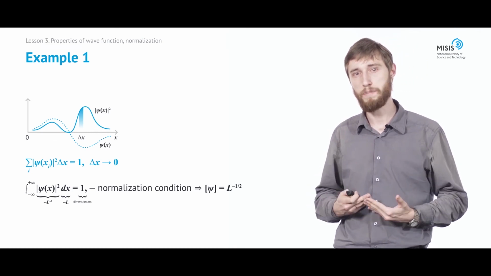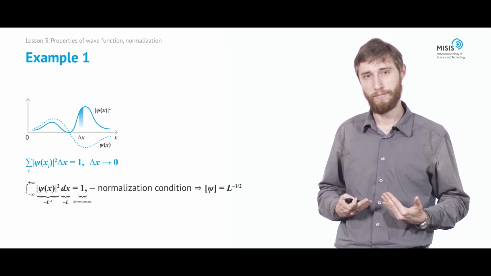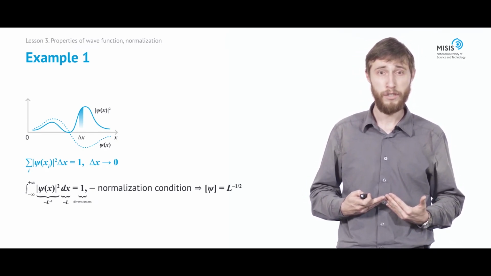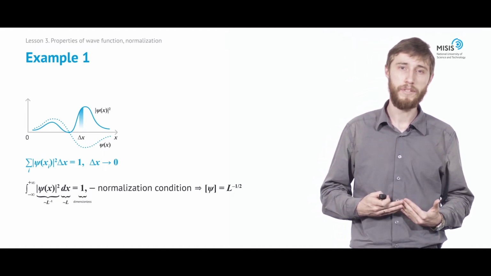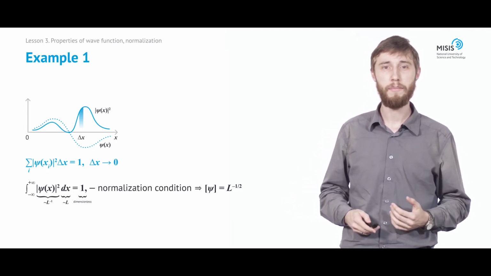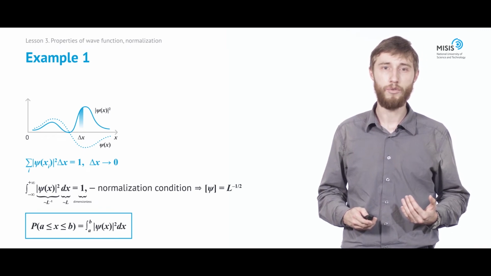So the dimensionality of psi itself is length to the power minus 1/2. From the same reasoning we used for the normalization condition, we get that the probability that the particle is present between some points a and b is given by the same kind of integral, where the integration goes from a to b.